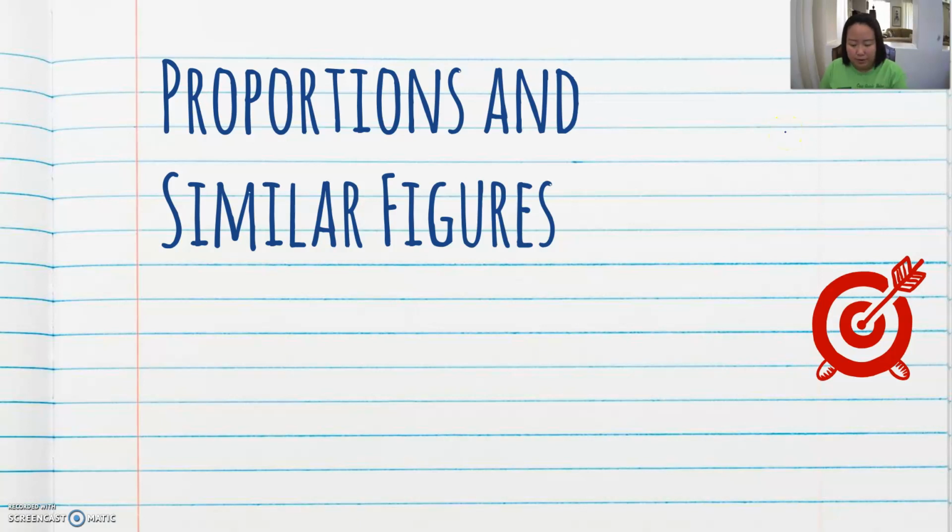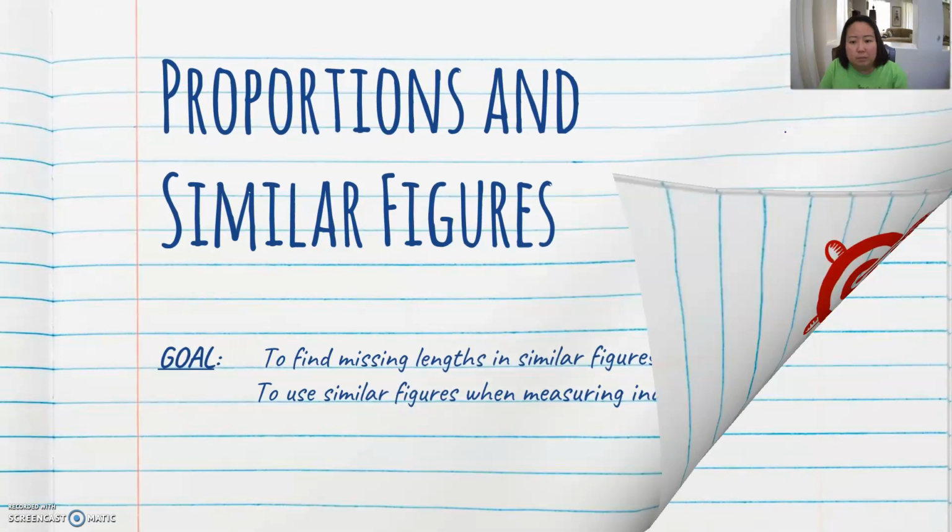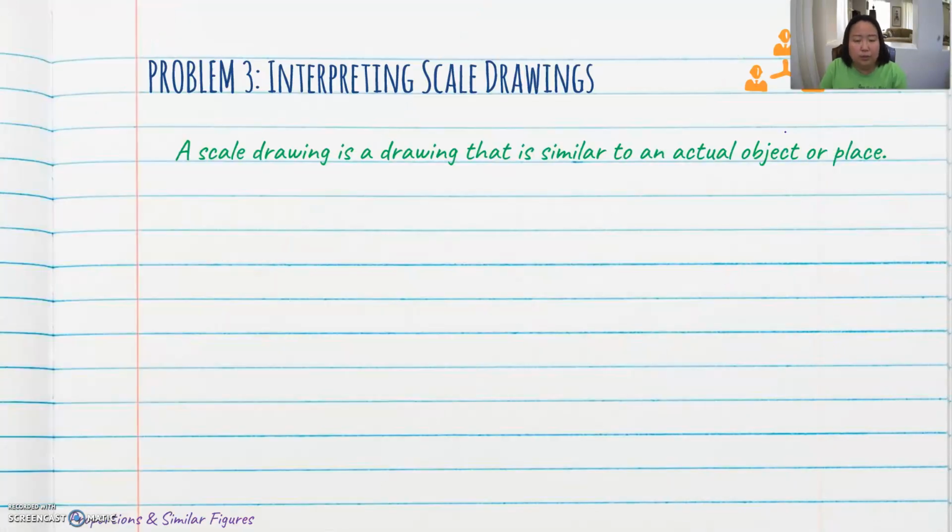All right, so let's continue our discussion, and this time we will be talking about scale drawings, okay? A scale drawing is a drawing that is similar to an actual object or place. For example, on a map, you cannot draw 5 miles on paper just to tell somebody the distance from one place to another.